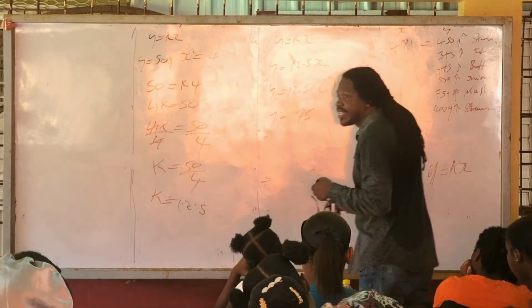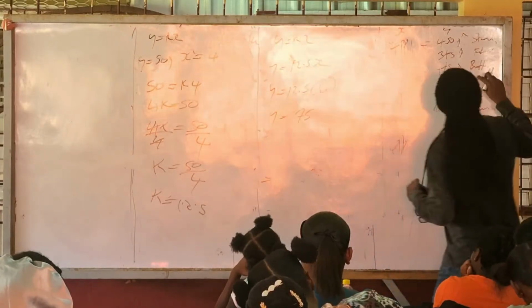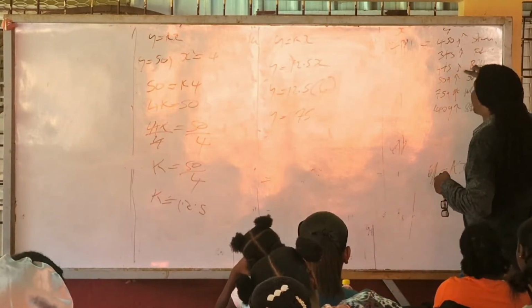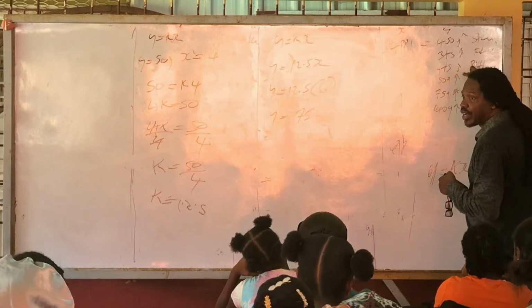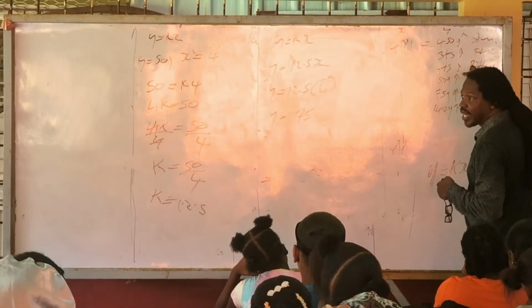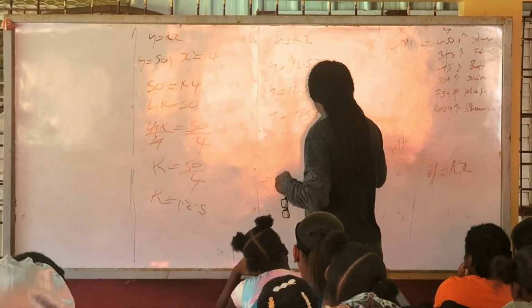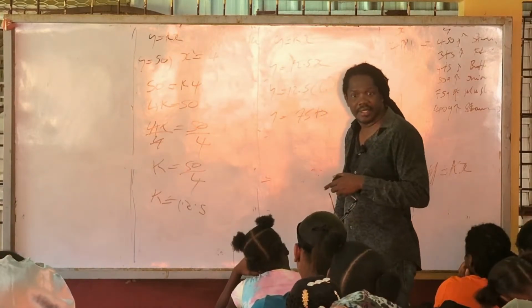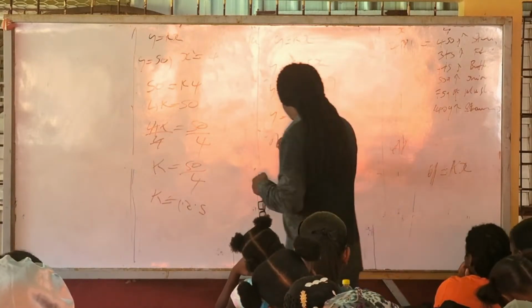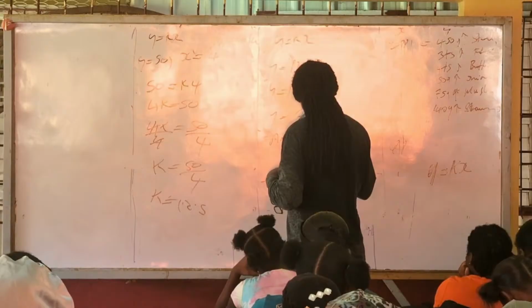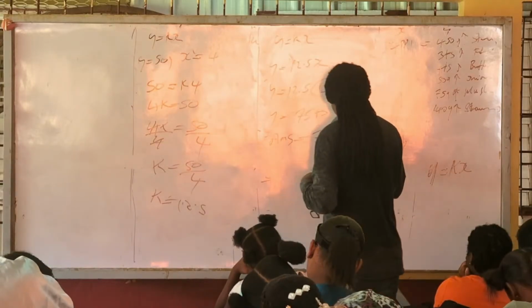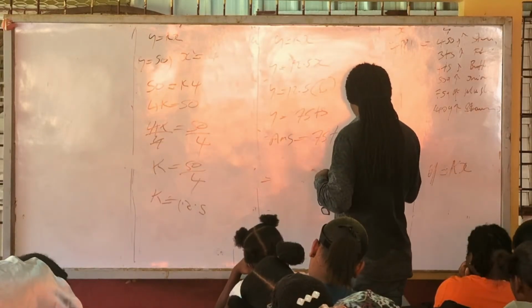Now, when I get my 75, I look back to see what they said butter was, because I'm working butter. Then I put my answer: 75 tablespoons of butter.